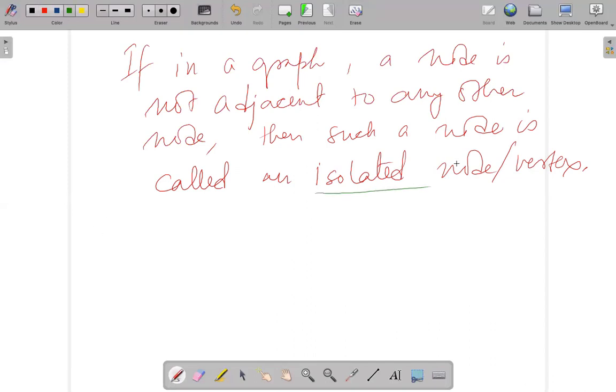So these are some of the definitional terms that you need to remember when we proceed with our graph algorithms later on.